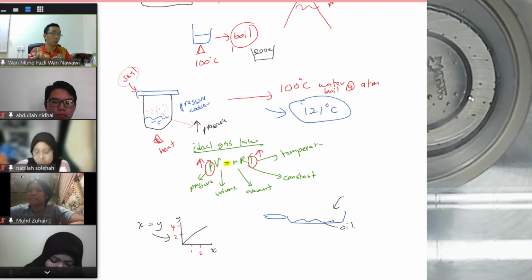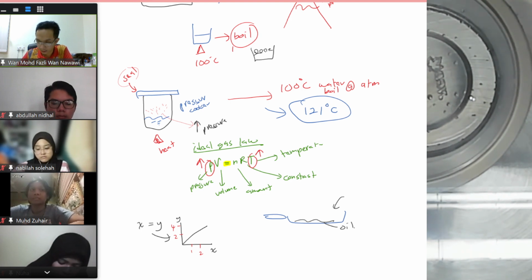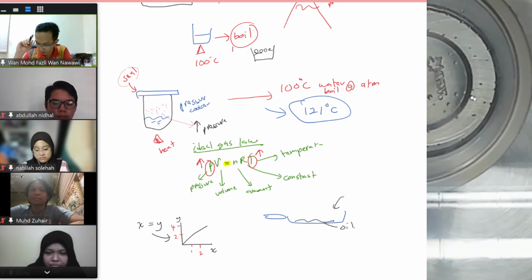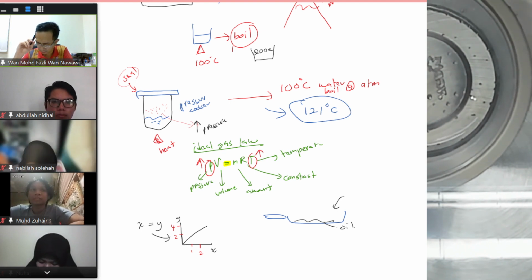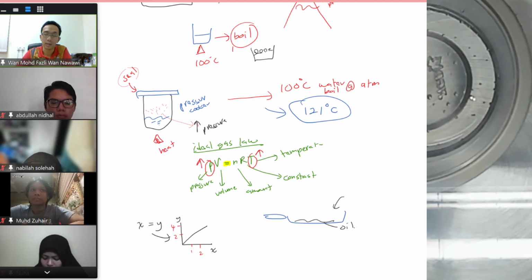When you want to cook at high temperature, you put oil instead of water, because water stays at 100 Celsius only if it's open. Only when you close it can you increase the temperature of water beyond 100 Celsius.